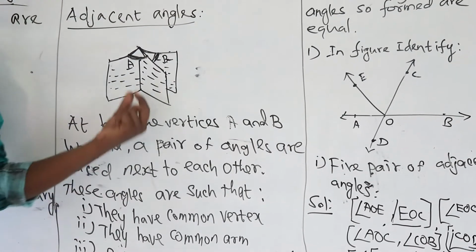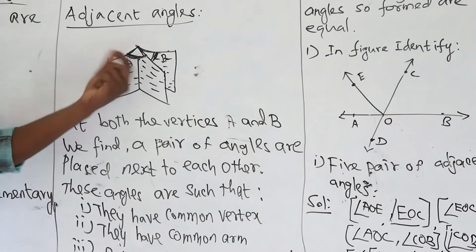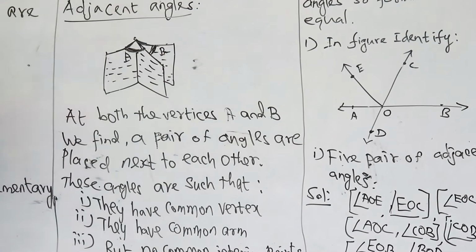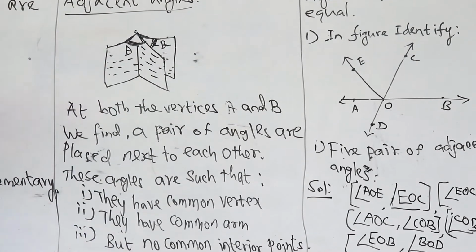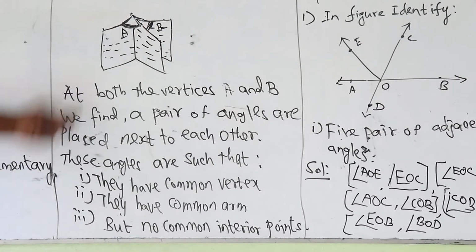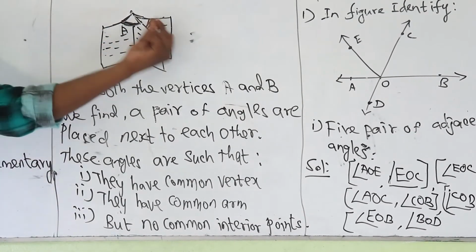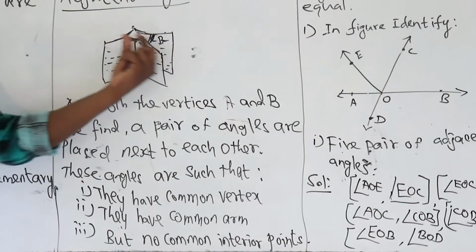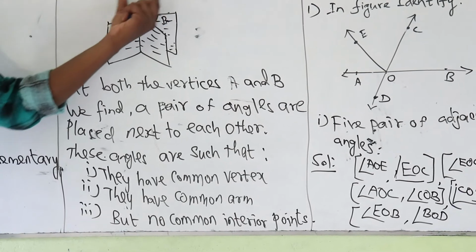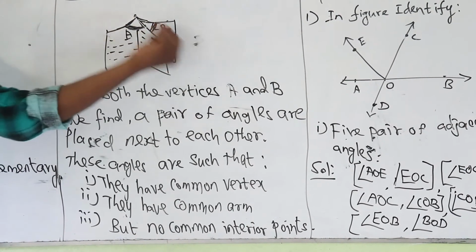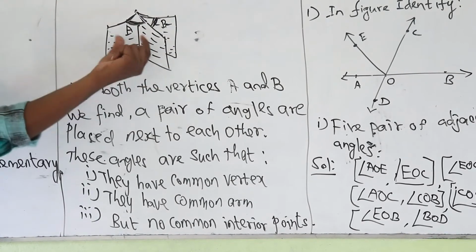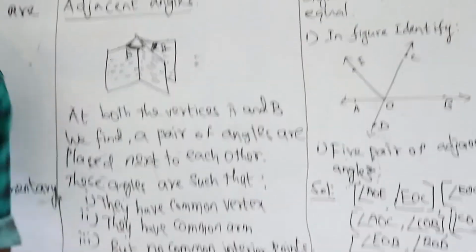These angles have a common vertex and a common arm, but no common interior points. So adjacent angles have a common vertex, a common arm, but no common interior points.